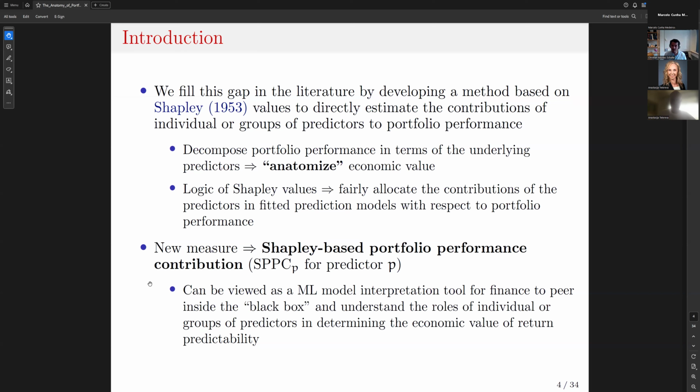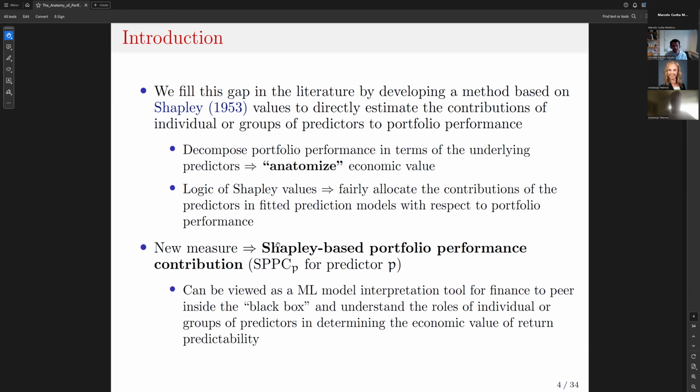We essentially decompose the performance in terms of the underlying predictors that are inputs to the model, and thereby we say we anatomize the economic value. The logic of Shapley values is to fairly allocate the contributions of predictors in a fitted prediction model with respect to portfolio performance.